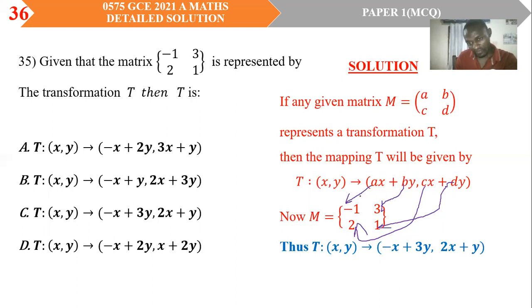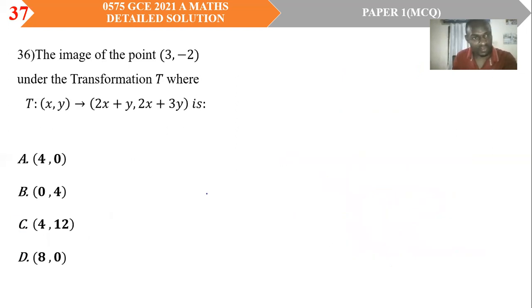So we have negative x plus 3y, 2x plus y as our transformation mapping. Answer C.